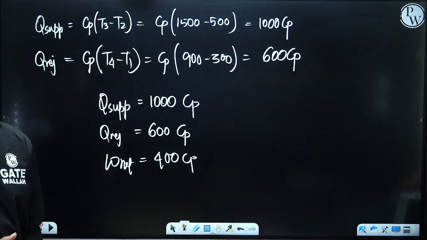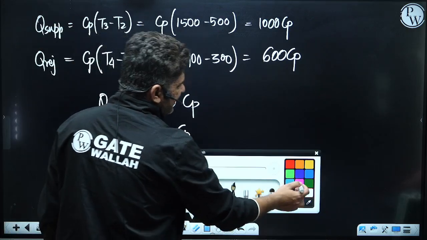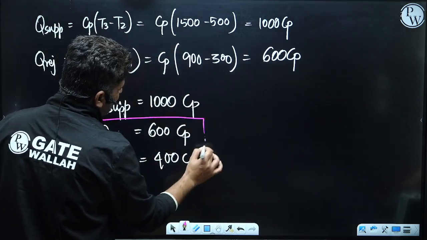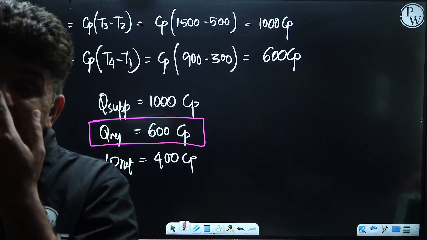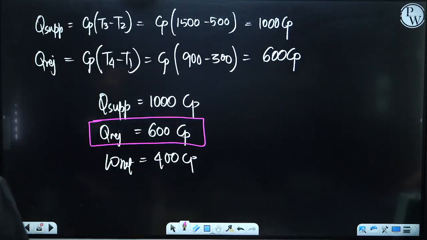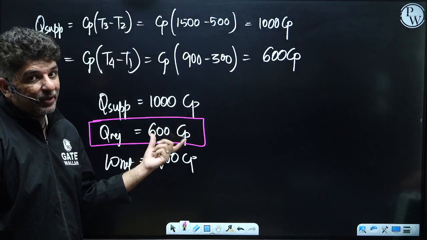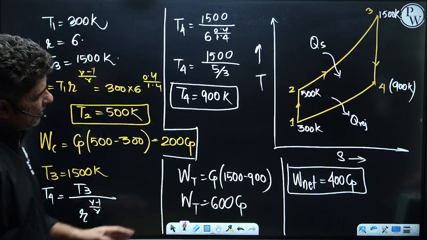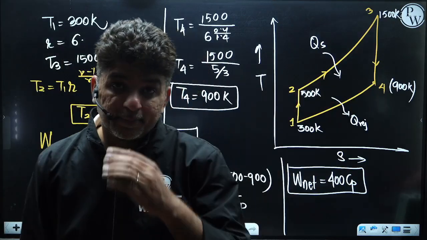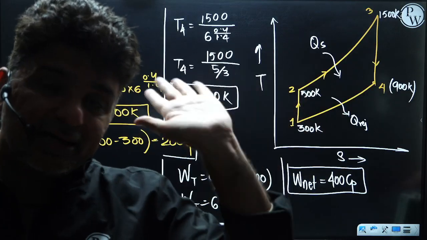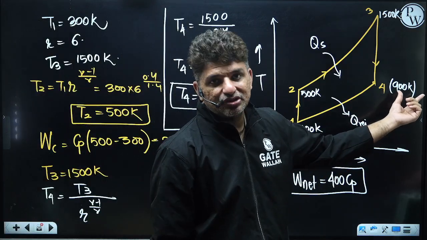You see, the efficiency is very low because the heat that is getting rejected is extremely high. You have to reject heat in a large amount. And that happens because the gases coming out of here are extremely hot, 900 Kelvin, and you are directly discharging this energy to the atmosphere.